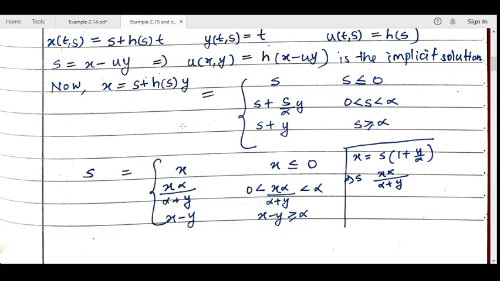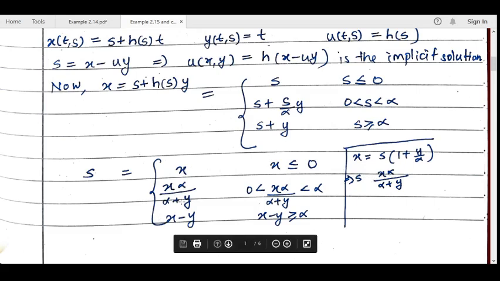Now next step is to write s. From here I have to write s. So the first term is s is x itself for x less than or equal to 0. From here I have to find s. So second term is x equal to s into (1 plus y by alpha). So from here s is equal to x alpha by (alpha plus y). Here I have taken LCM, so it is alpha plus y by alpha. So x alpha by (alpha plus y) is s.